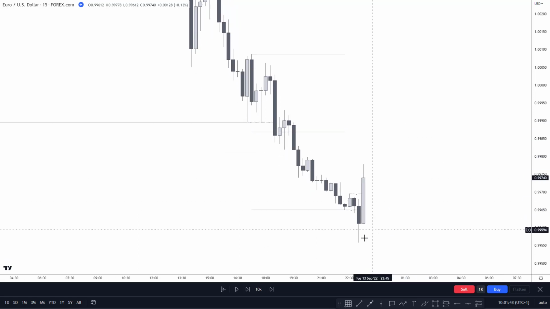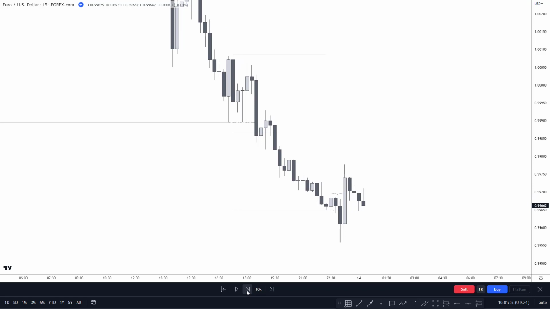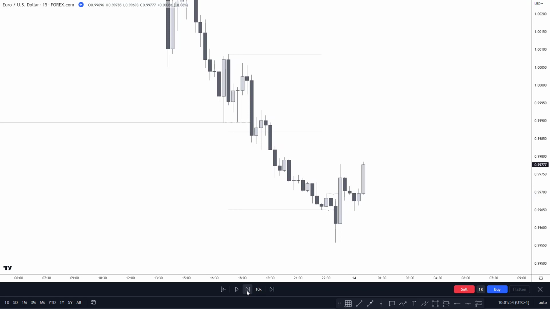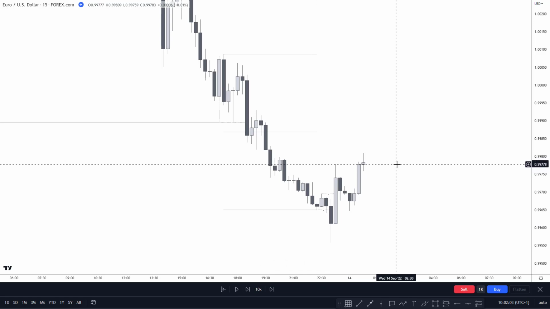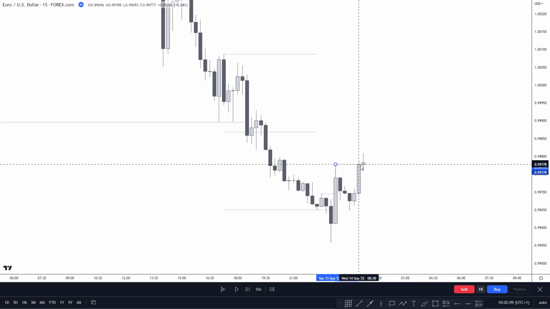Okay, so if we push price on, we can see that we now have another, well, not quite yet. Right here we have a further minor 1 leg of price, okay?